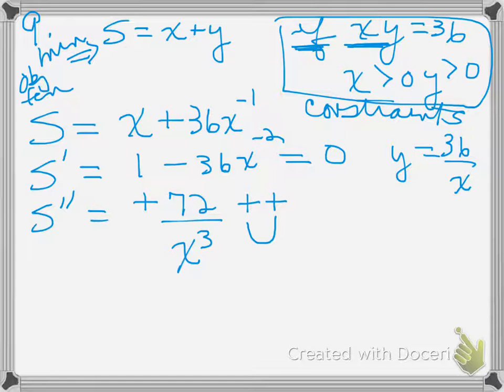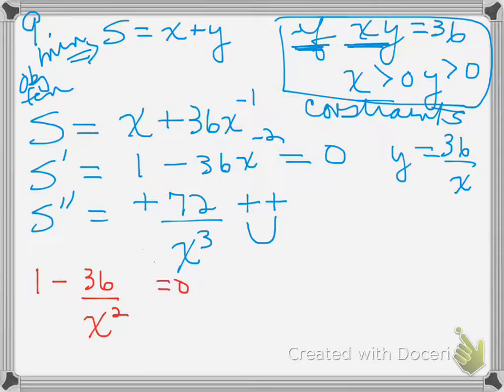Down here, let's change colors so we can see what we're doing. I'm going to say 1 minus 36 x to the negative 2 equals 0. Now, x to the negative 2 does not help me up there. That is just confusing. So I'm going to take that x to the negative 2 and put it in the denominator as a positive exponent.